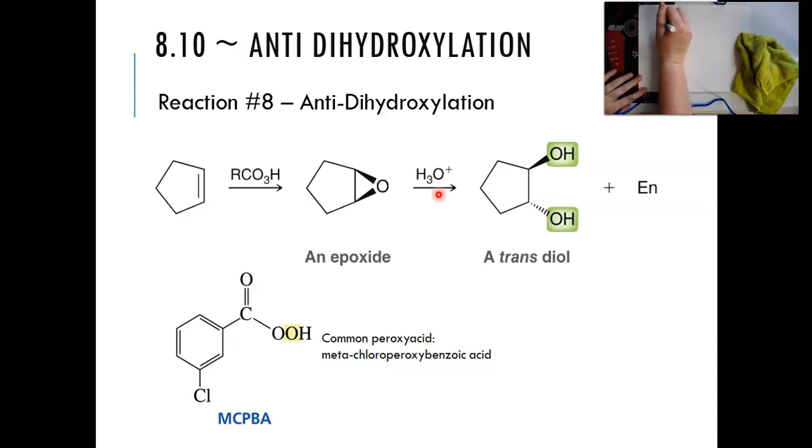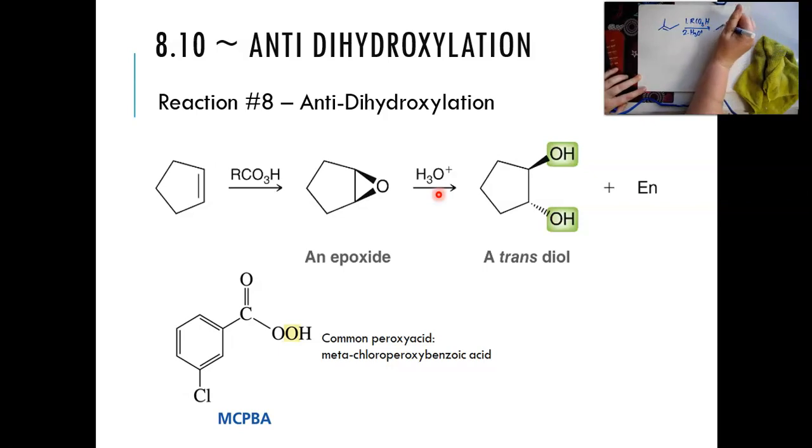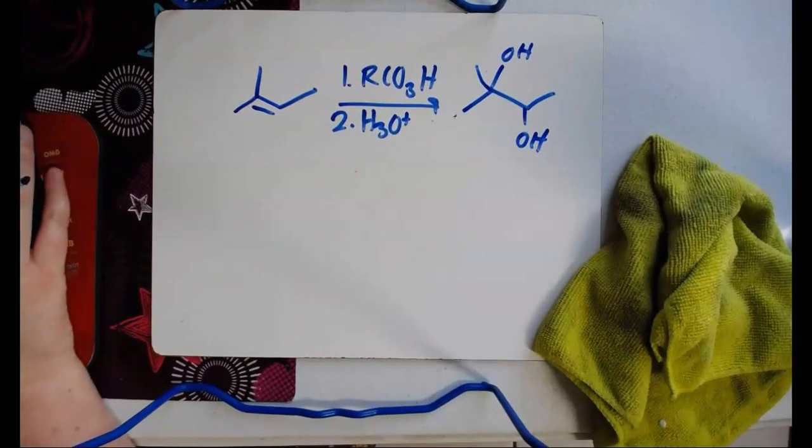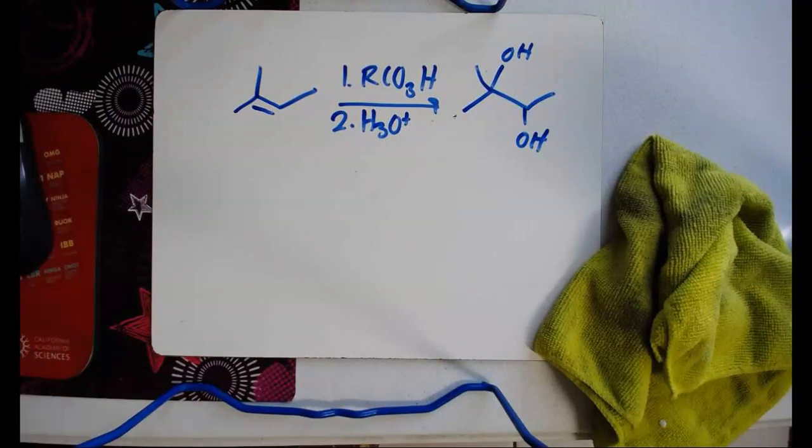So in our reaction, we can put these all together in one arrow so that it would look like this. And I'll switch over here after I get it drawn out. So instead of writing it separate, you would see it drawn out like this, where we have our peroxy acid on top of our arrow and that hydronium on the bottom.